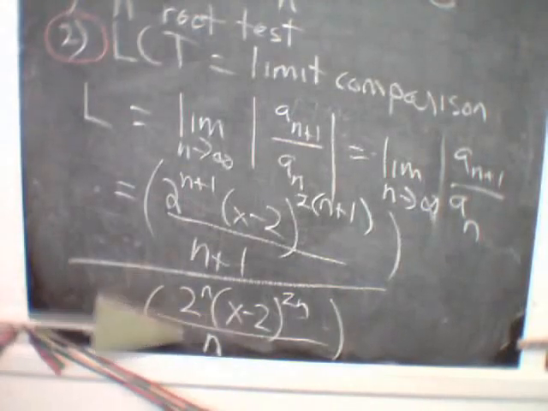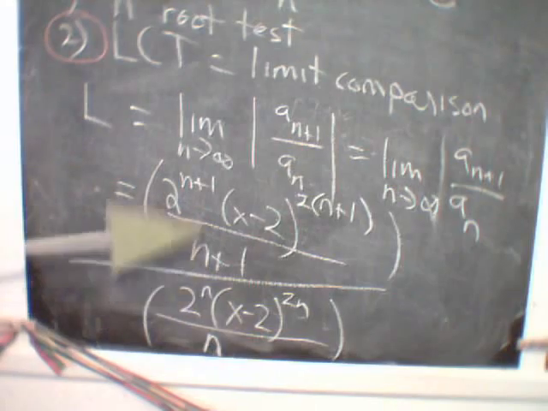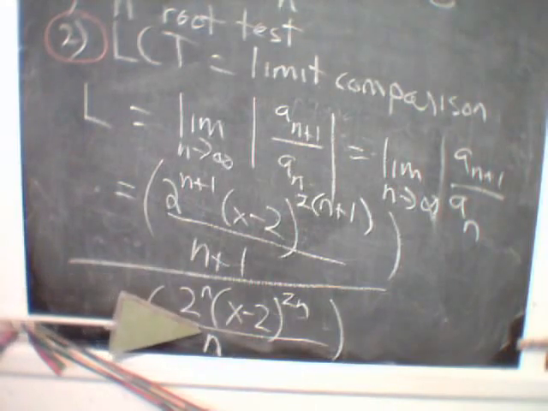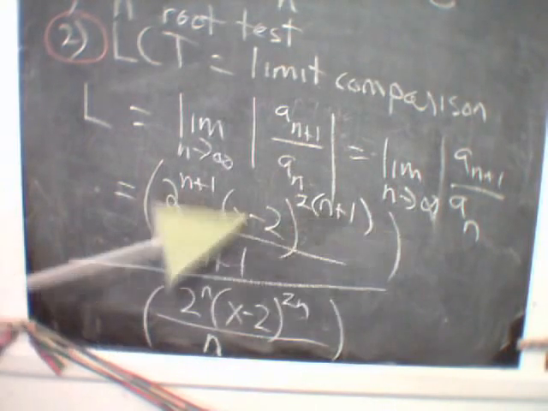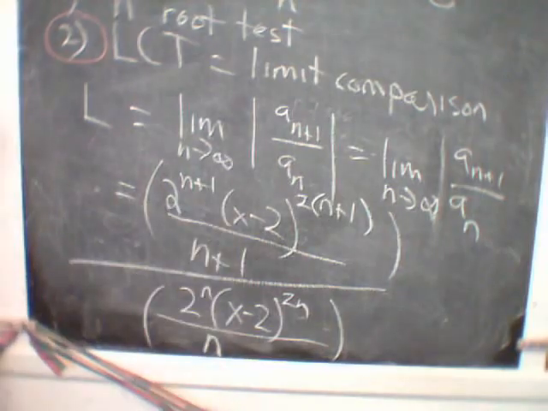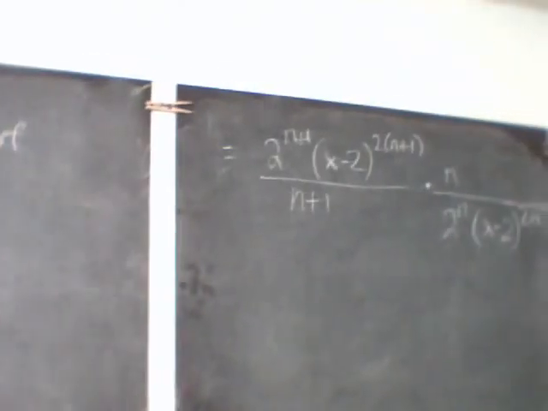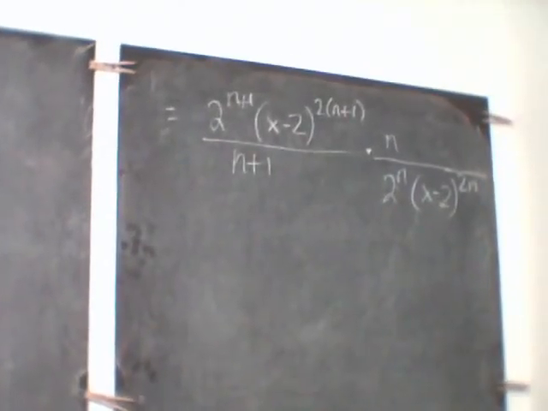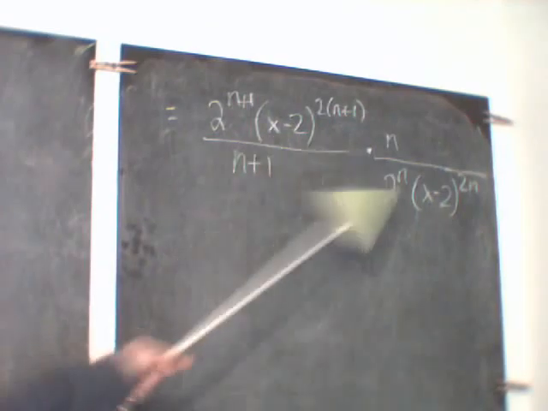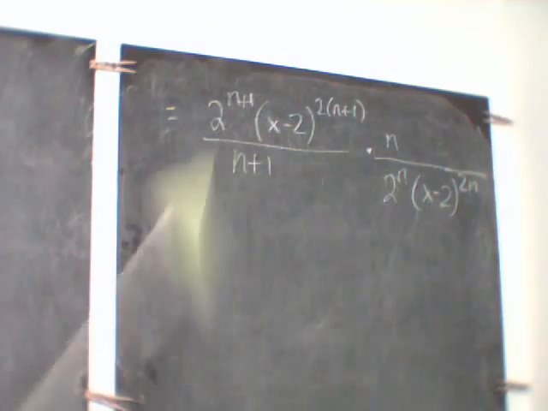That's how we can cancel things: we flip this thing upside down and put it in the numerator. That's just a typical algebra technique, and then it goes up to there and looks like that. So what's so great about this? Well, we can rewrite that again.